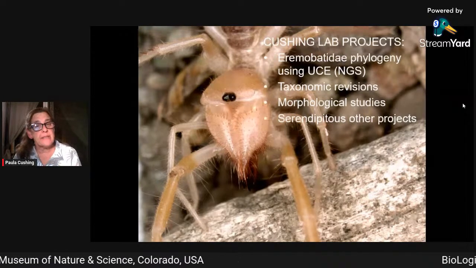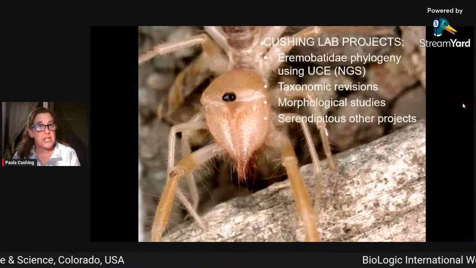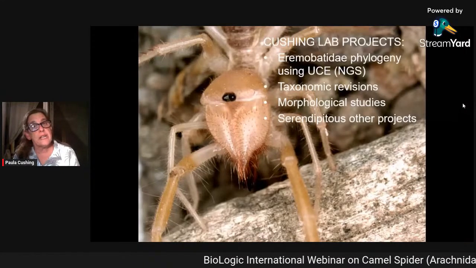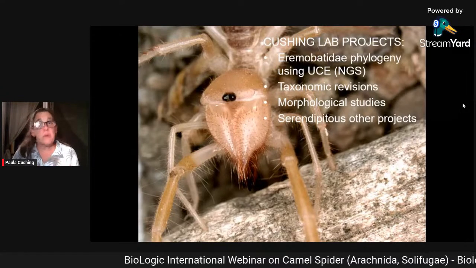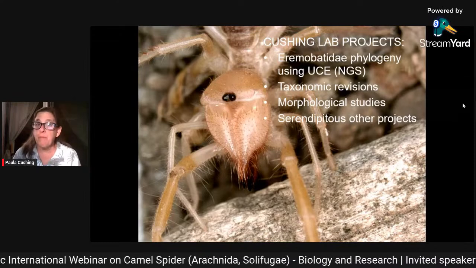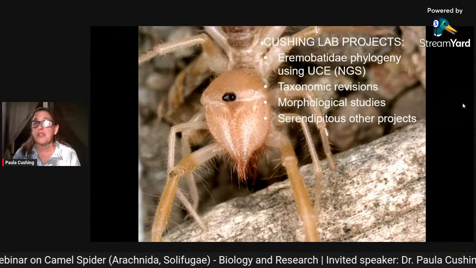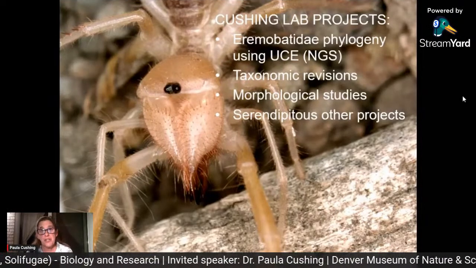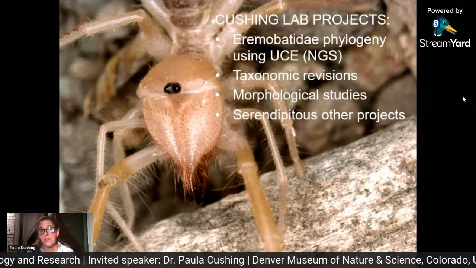We've been testing these relationships using largely DNA sequencing data, but also we've been doing research on their morphology, different morphological or anatomical characters.